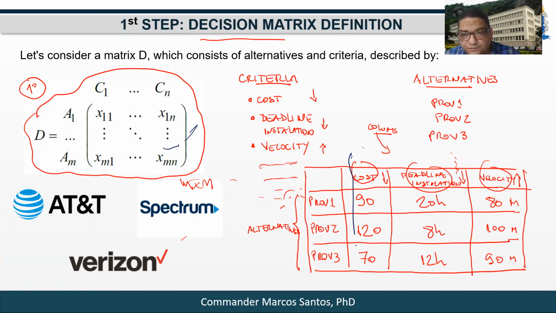The vector norm will be the square root of 90 squared plus 120 squared plus 70 squared.